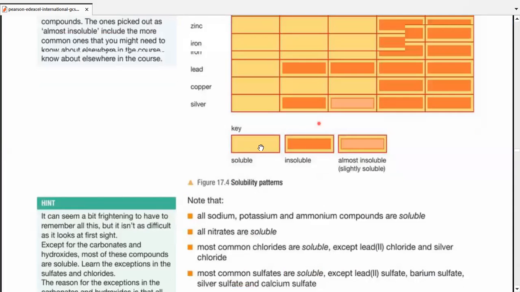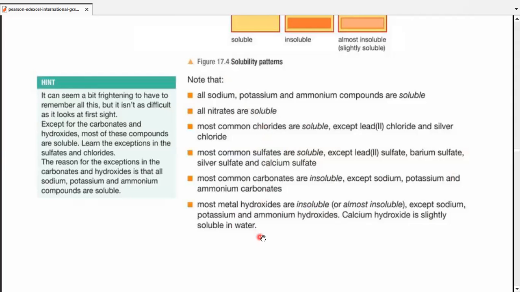Moving on. These techniques are also mentioned over here. All sodium, potassium, ammonium salt compounds are soluble. All nitrates are soluble. Common chlorides are soluble except the two, lead and silver. Common sulfates are soluble except the two, lead and barium. However, silver sulfate or calcium sulfate are slightly soluble. Most common carbonates are insoluble.